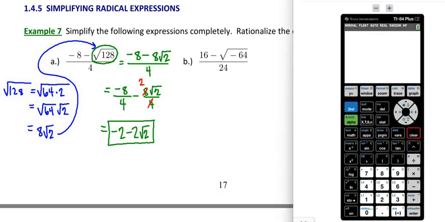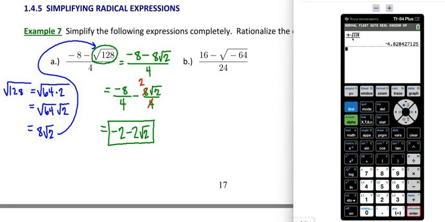Let's see how the calculator is going to handle this one. I want to type in the original problem. Notice the difference between the negative sign in the calculator, that's the button at the bottom with the parentheses, and the minus operation in the operation keys on the right side of your keypad. So we have square root of 128 and in the bottom 4. Now, because this is an irrational number, the calculator is going to give me the decimal approximation.